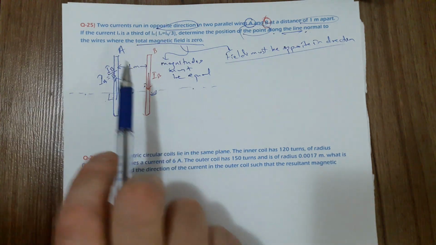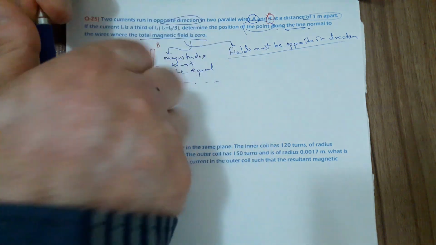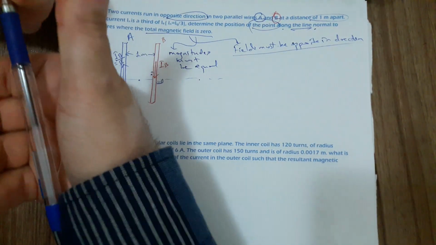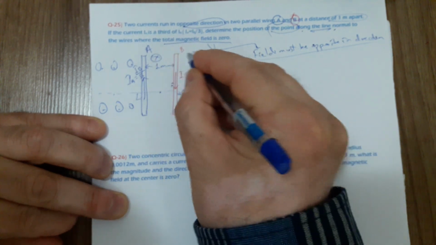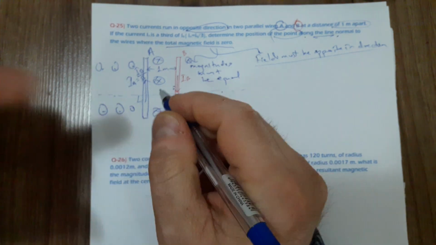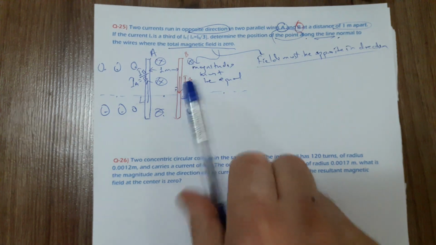So let's find it. For wire A, thumb is pointing in the current direction, and the curled fingers show the magnetic field direction: on the right side into the page, on the left side out of the page. So wire A makes an out-of-the-page magnetic field on the left side of the wire, but into the page on the right side of the wire. This is only for the magnetic field of wire A. But wire B has a current which is down into the plane of the page.